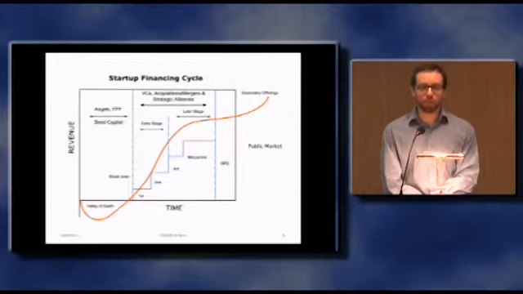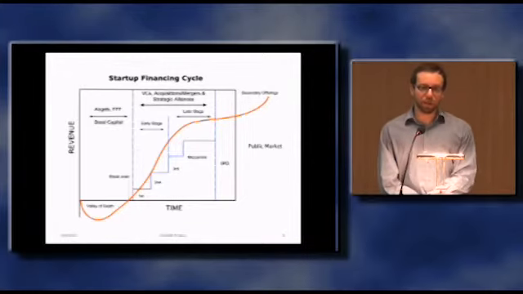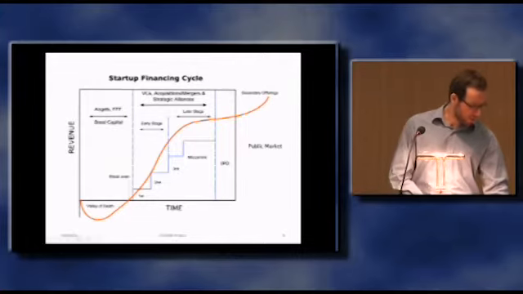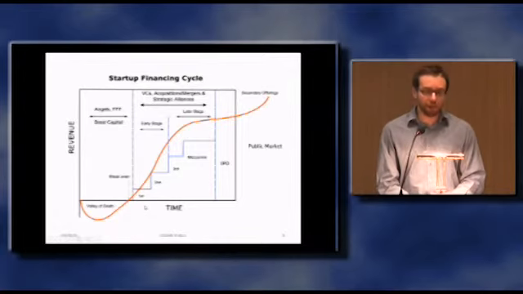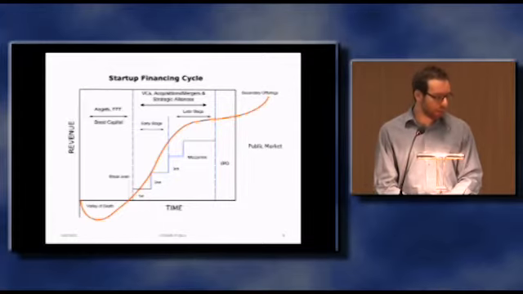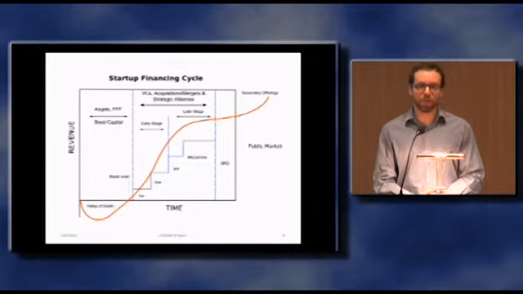Once you get your product or service into the market, you start earning revenues, and then you may reach at some point the break-even point. This here is the break-even point. Once you reach the break-even point, you may be the lucky one that comes into profitability, and then you will require further funding in order to expand your business.